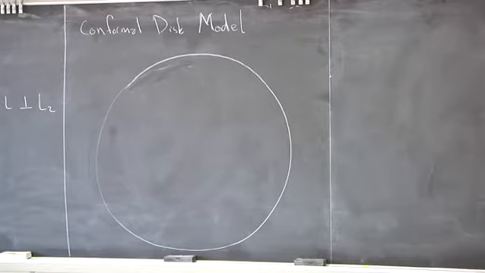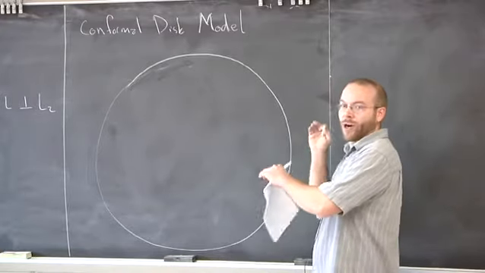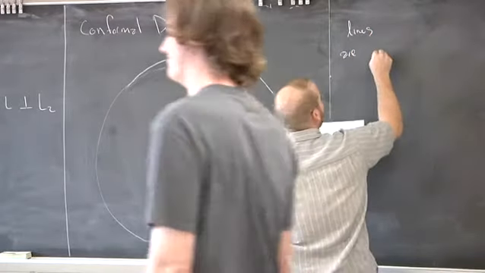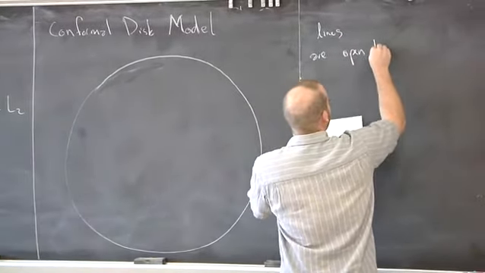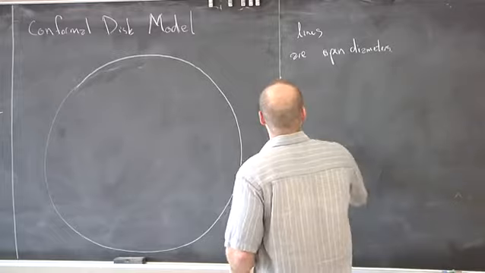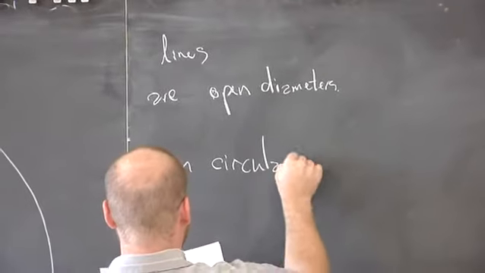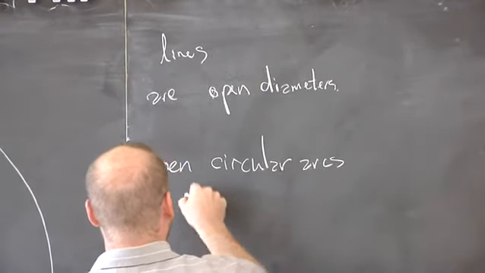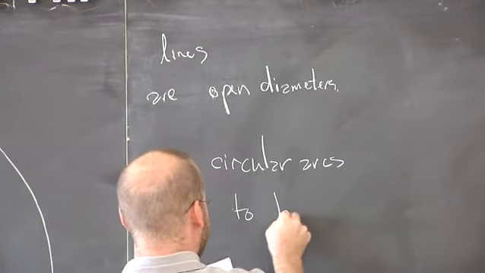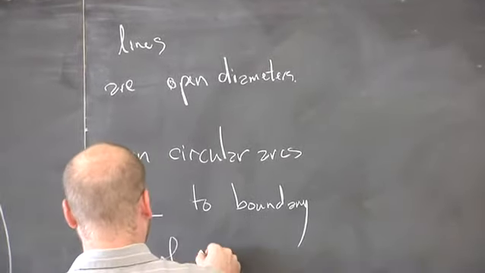And how do we draw lines in this model? So I'm just going to write it up first so that when I draw it, you'll know what I'm trying to do. So lines are open diameters. Okay? And open, this is the hard part, circular arcs perpendicular to the boundary of the circle.